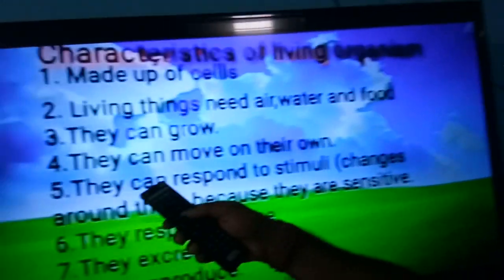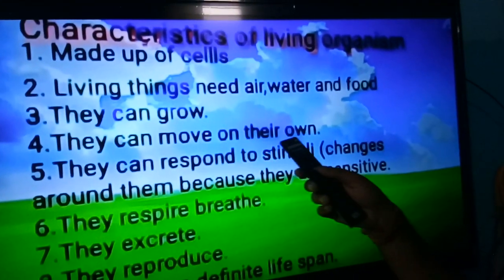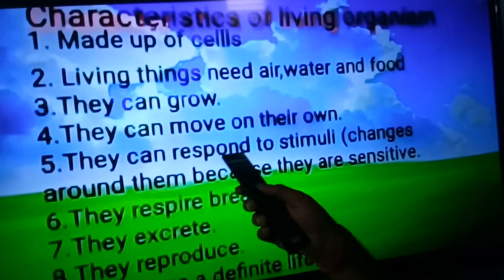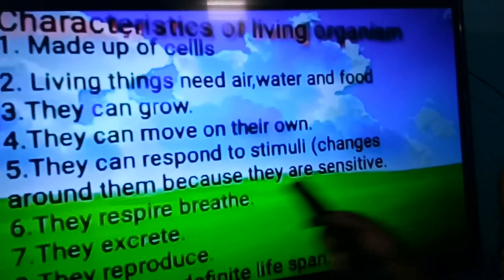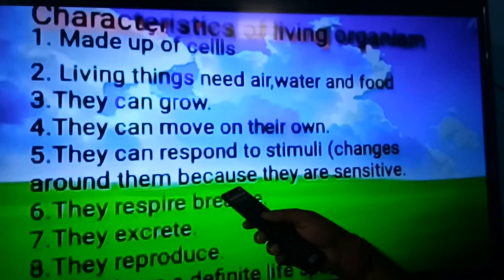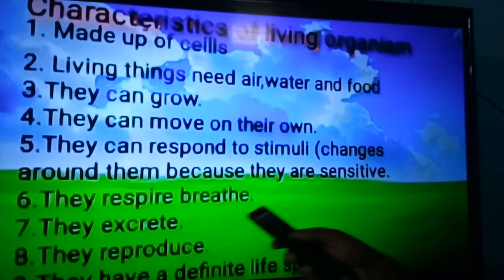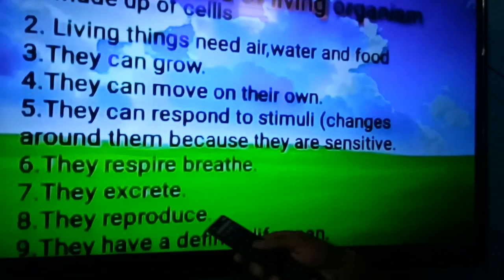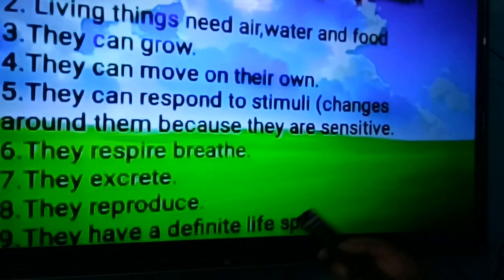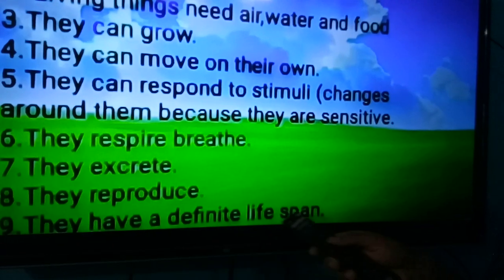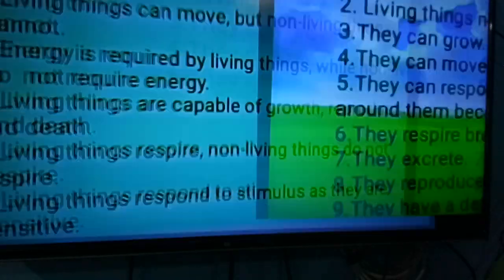They can respond to stimuli, changes around them, because they are sensitive. They respire, breathe, they excrete, they reproduce. They have a definite lifespan.